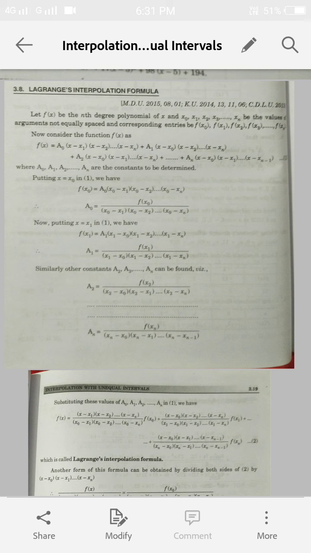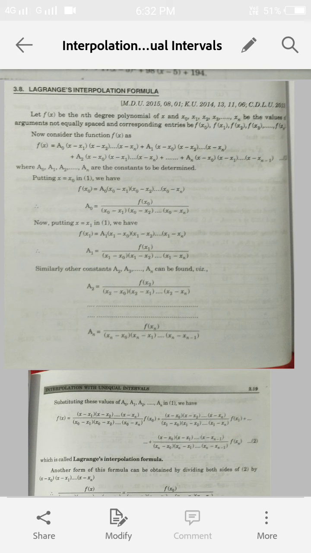Here we can see that in the first term x0 is not involved. Similarly, in the second term x1 is not involved, in the third term x2 is not involved, and in the nth term xn is not involved. So we can write f(x) as a function by following these steps.